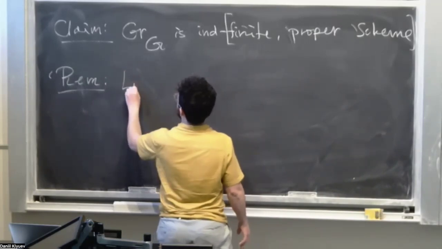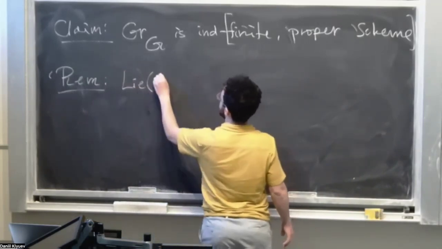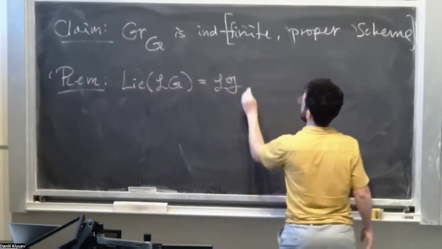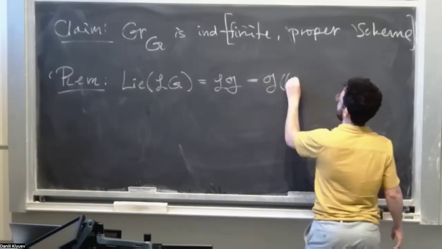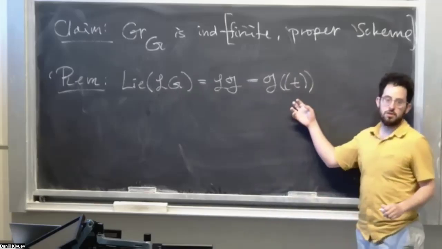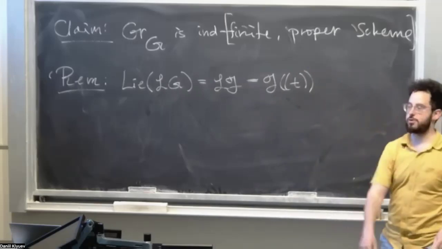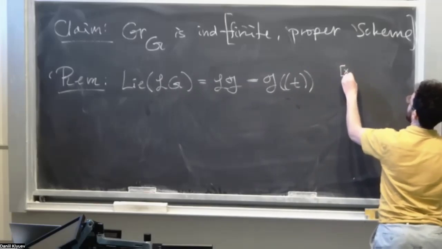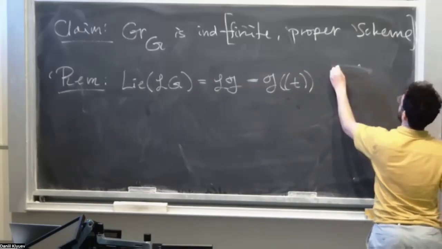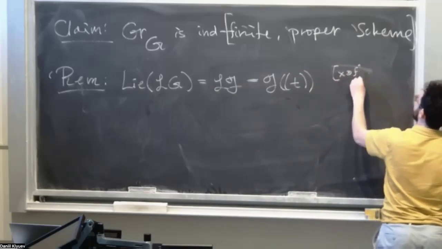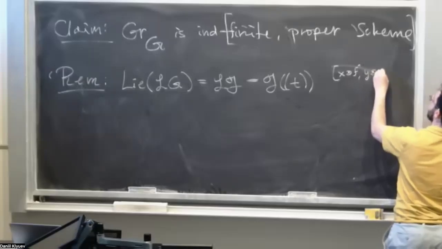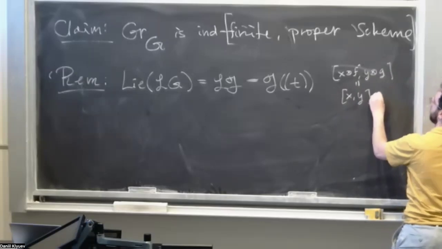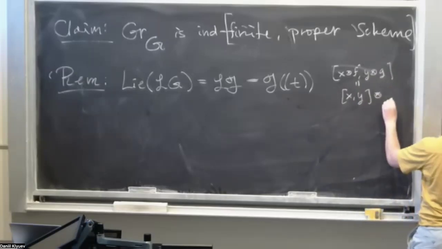So the Lie algebra of the loop group of G: it's literally just elements of this vector space with Laurent series, with the bracket given by an obvious extension of the original bracket on the Lie algebra to the Laurent series.